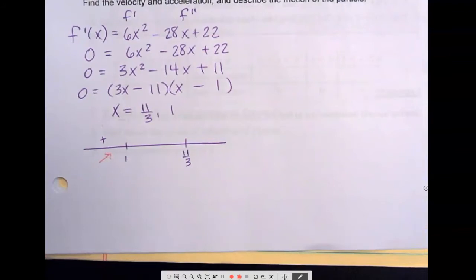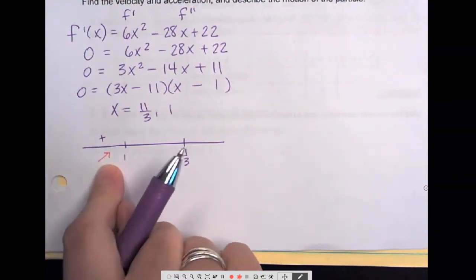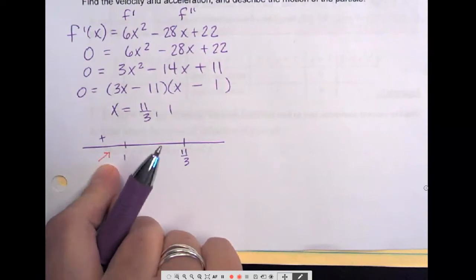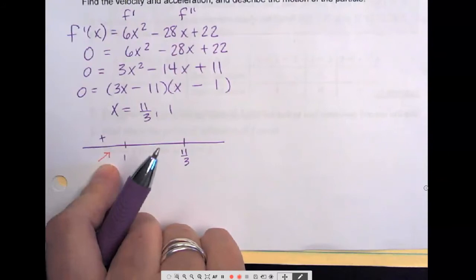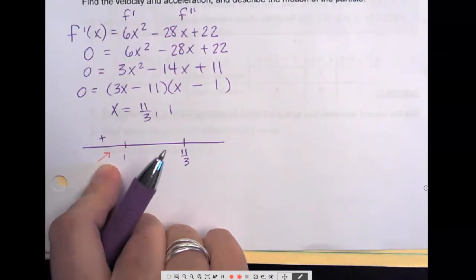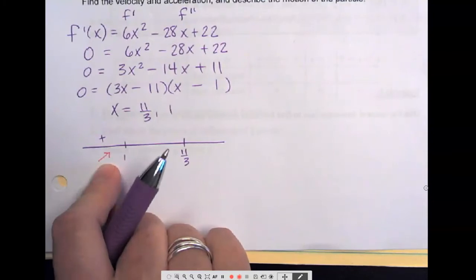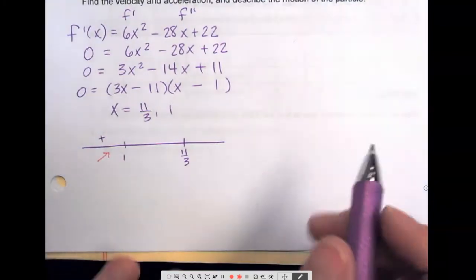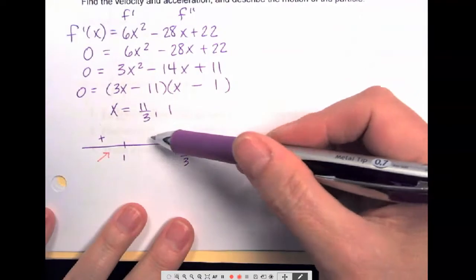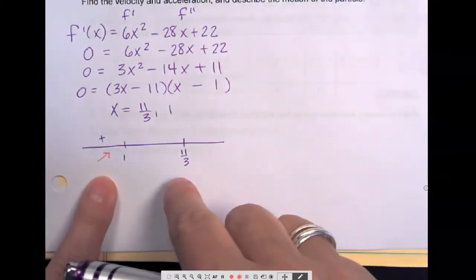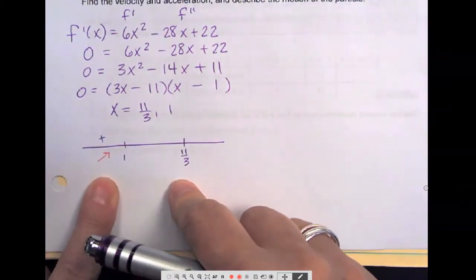Okay, now if I'm talking about a particle here, what does this mean? Moving in a positive direction. Positive velocity would mean positive direction, so forward or right or up. Okay, what's something easy here between 1 and 11/3? 1.5.